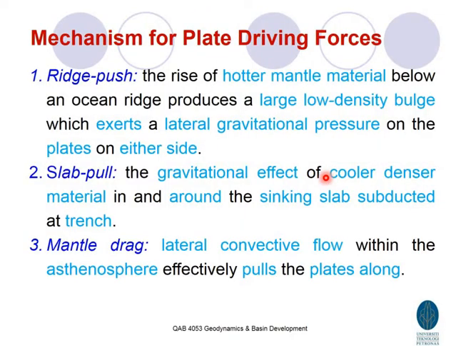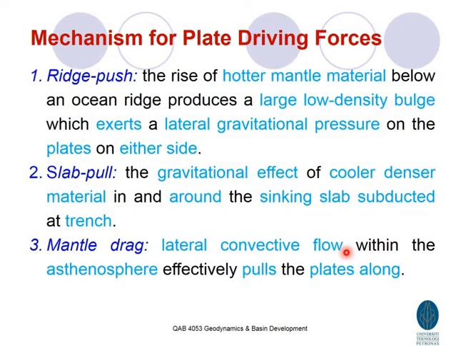Several mechanisms act as the driving forces of plate movement. They are ridge push, slab pull, and mantle drag. Slab pull and mantle drag are also related to mantle convection. Ridge push refers to the rise of hotter mantle material below an ocean ridge, which produces a large low-density ridge that exerts a lateral gravitational pressure on the plates on either side.